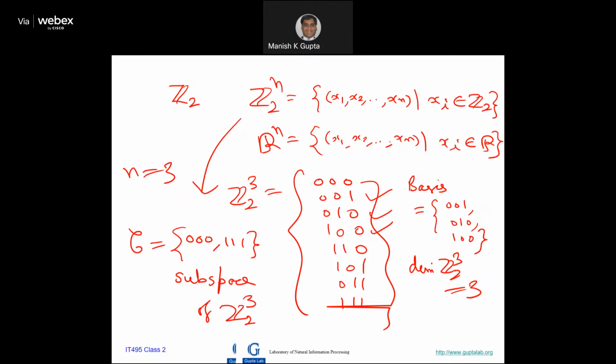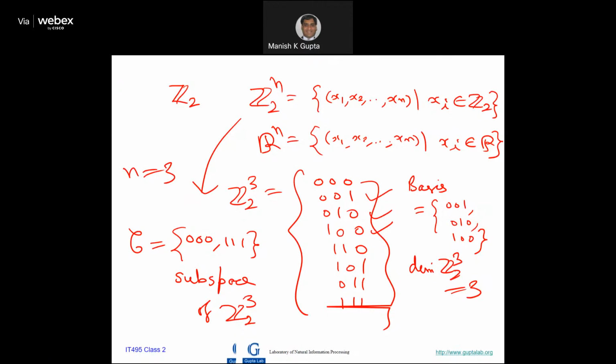Now you see, the code that we use for error correction is nothing but a subspace of this space, right? Now, what do you mean by subspace? Subspace means if I take two vectors, say u and v in this subspace, and I take a linear combination, say lambda times u plus v, that should also belong to this subspace, right?